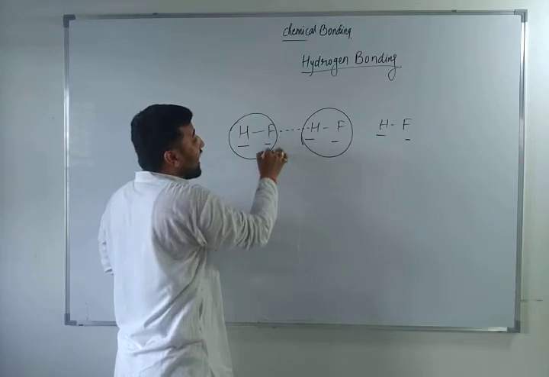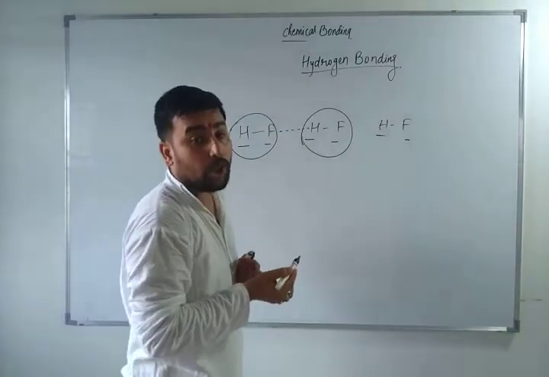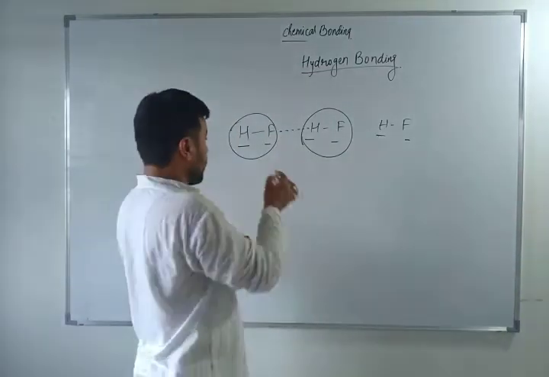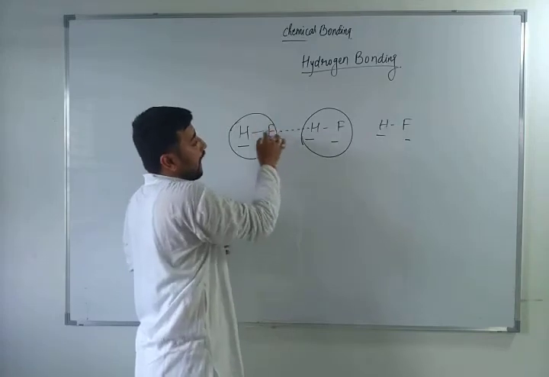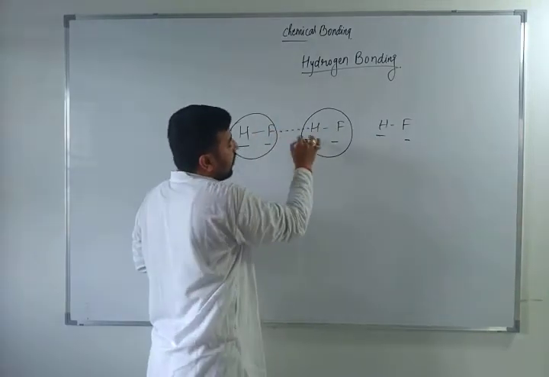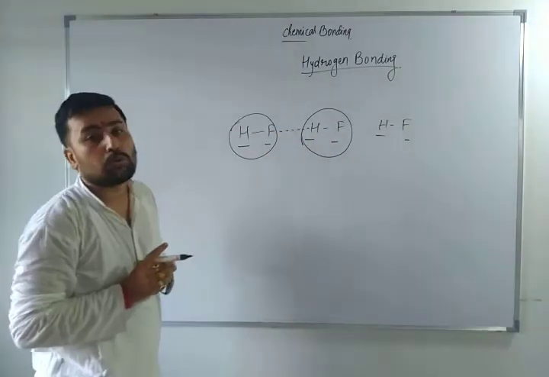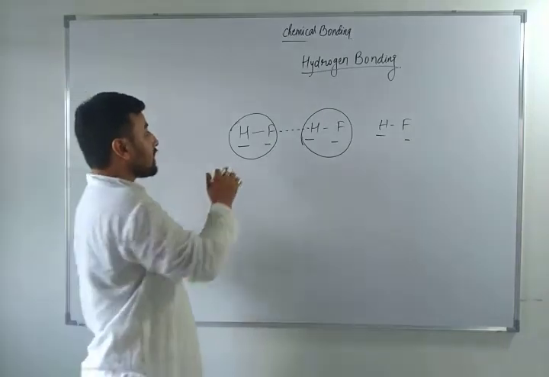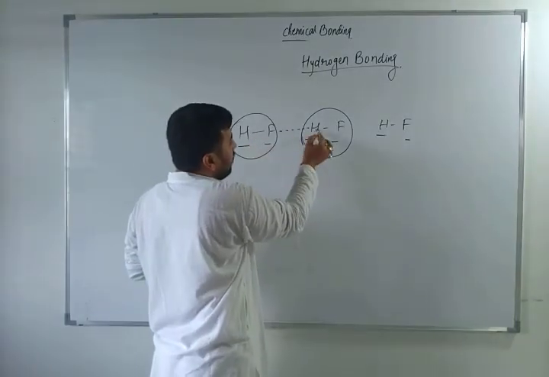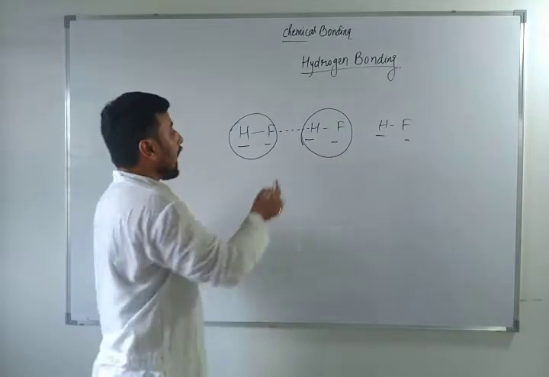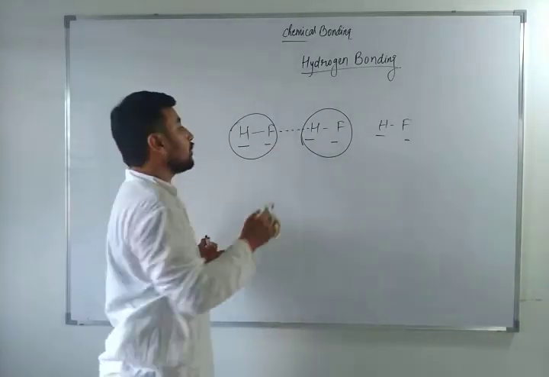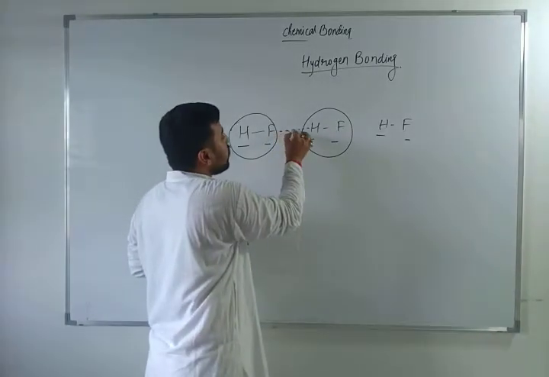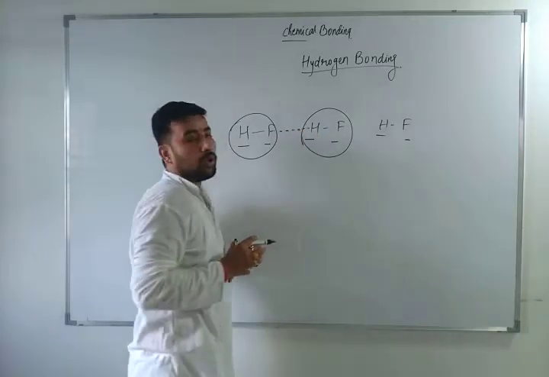Because of the highly electronegative element, this fluorine atom attracts this hydrogen atom towards itself. As this fluorine atom attracts this hydrogen atom towards itself, there is a formation of hydrogen bonding.